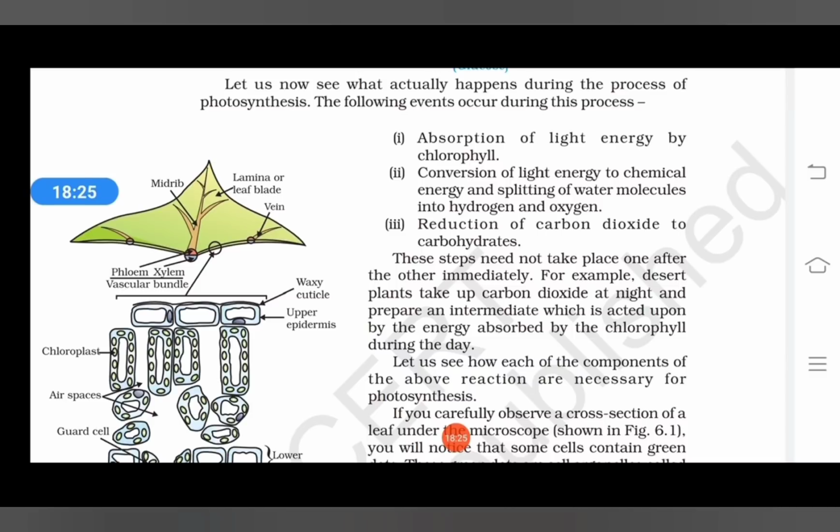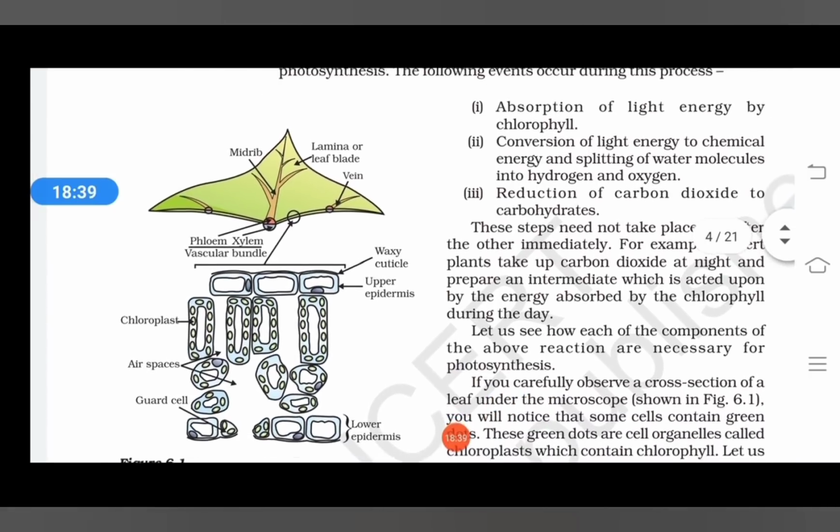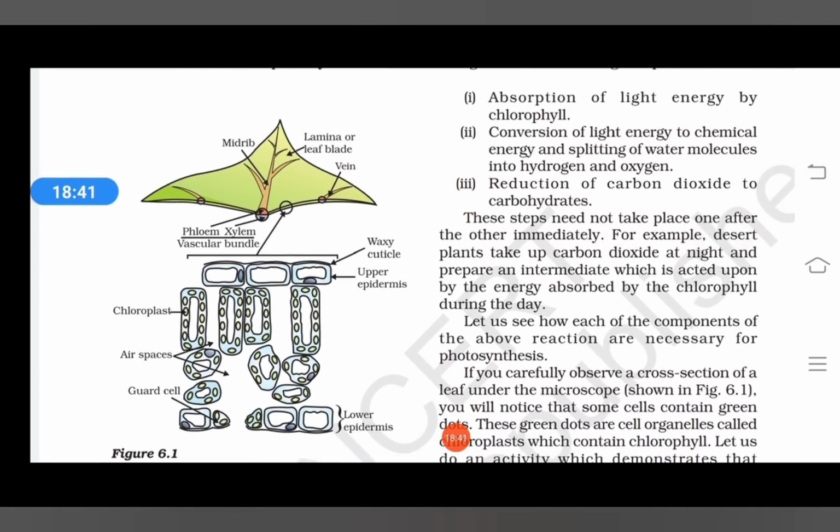So see the components of the above reaction, that is photosynthesis, which are necessary. In the figure, it is a cross section of a leaf. A leaf contains midrib, lamina, and vein, and the vascular bundle, that is xylem and phloem.